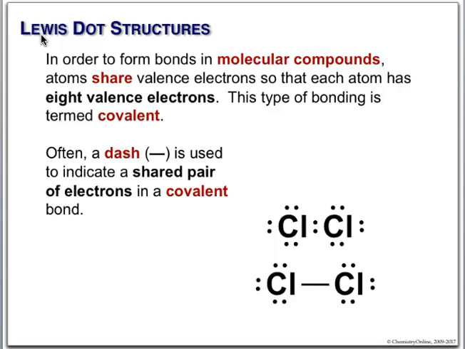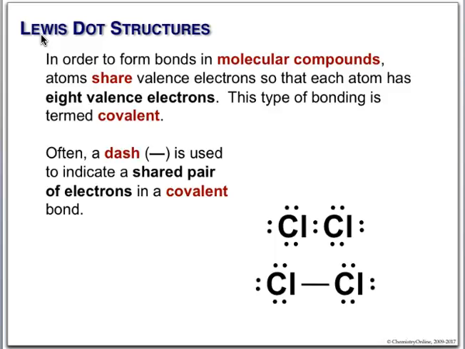Now, using this approach, we're going to be able to draw electron configuration for simple molecules. And this is why a Lewis dot structure is important. Later in the semester, we're going to do a lab where we're going to have a worksheet with lots and lots of structures. You're going to draw Lewis structures for all of them.